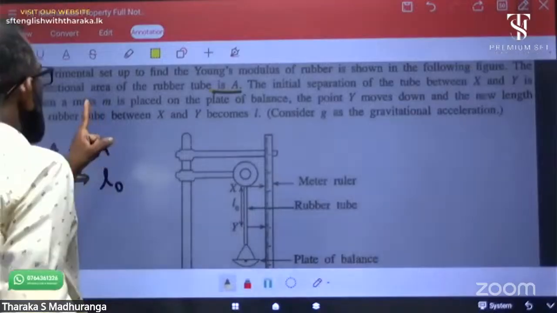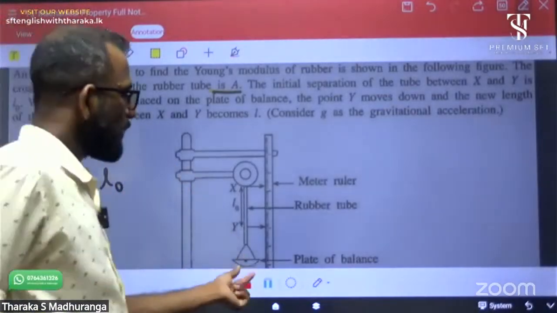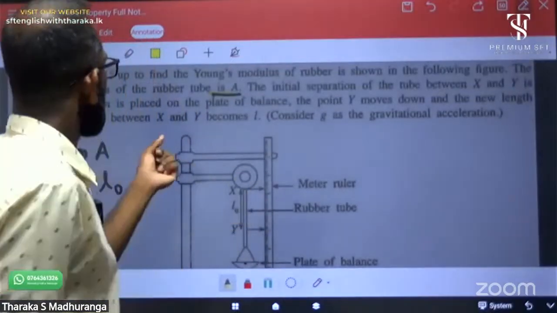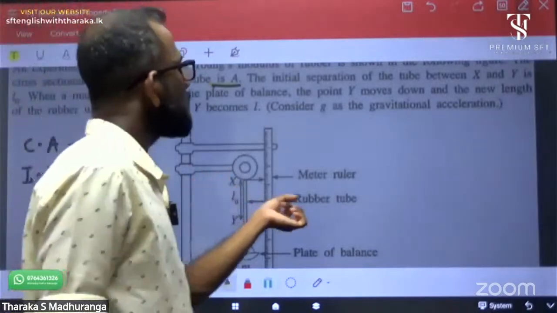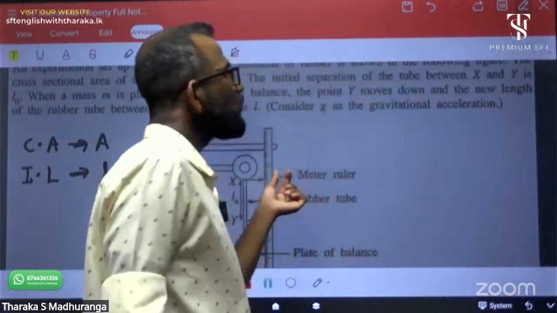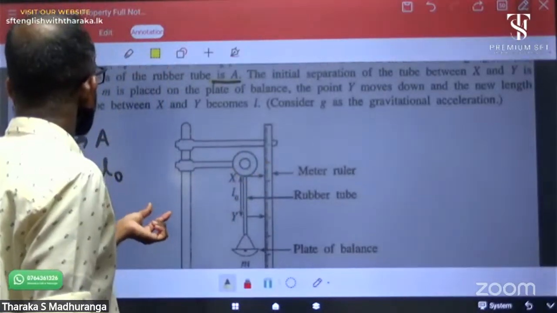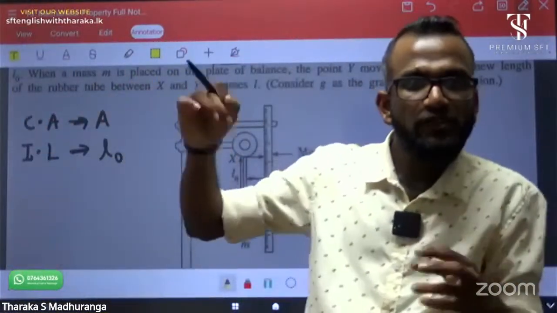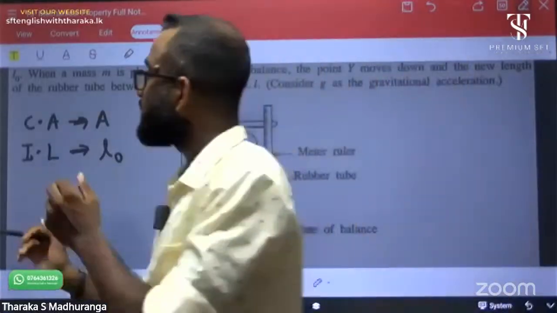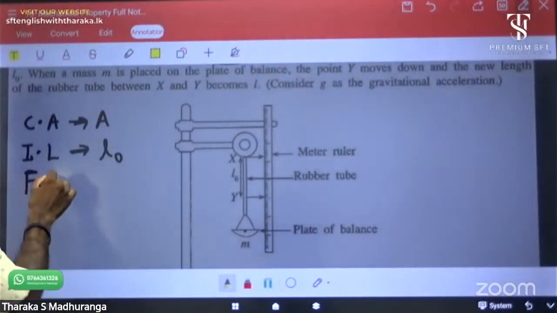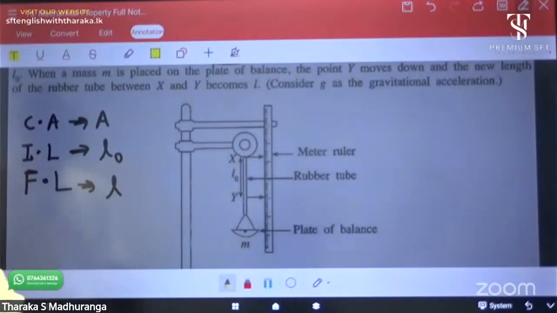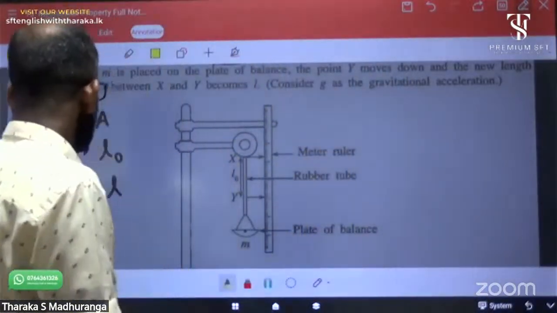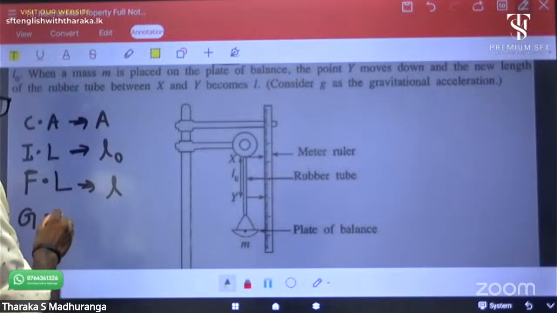When a mass M is placed on the measuring plate of the balance, the point Y moves down, and the new length of the rubber tube between X and Y becomes L. The new length, when we apply external force, is the final length, L. Consider g as the gravitational acceleration.